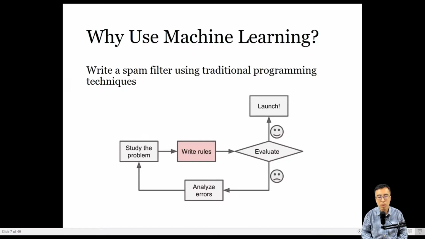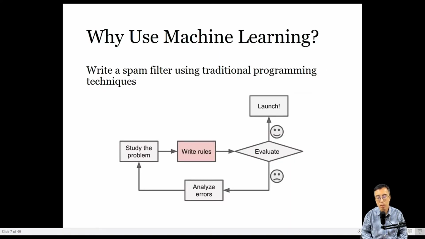Well, maybe we think in the rules, we should write any emails that contain 3 asterisks or 3 question marks or some keywords, for example, lottery or win, should be classified as spam email.